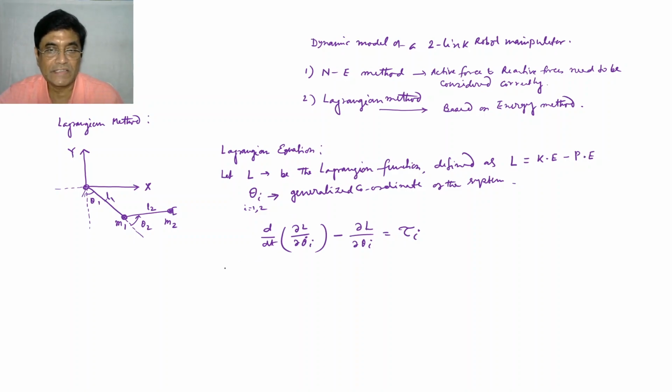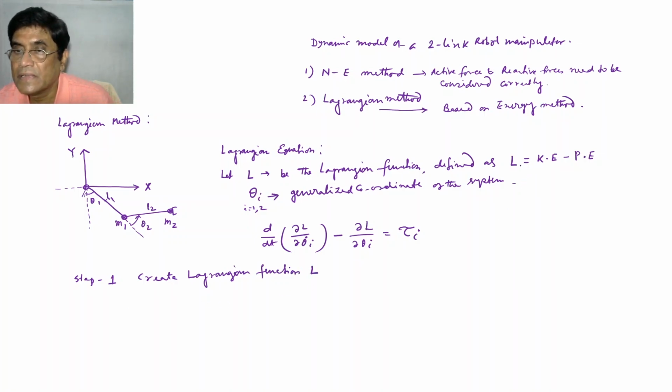So what do we need to do first? First, step 1, we need to create the Lagrangian function L. For creating L, you need to calculate the system's kinetic energy and the system's potential energy.